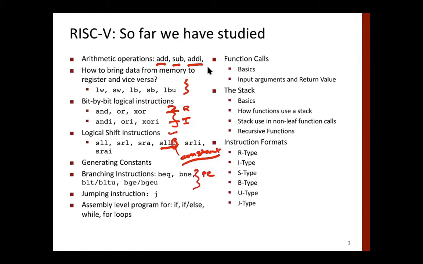Then we looked at the plain jump instruction, which is an unconditional jump. And then we looked at how we implement function calls in assembly with the help of the JALR instruction, jump and link.